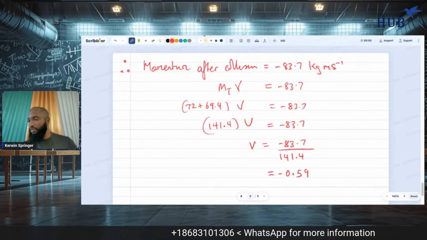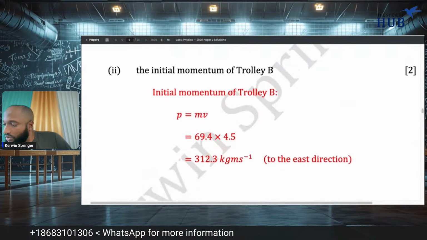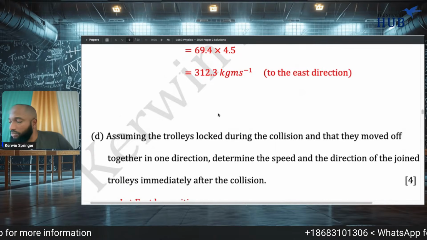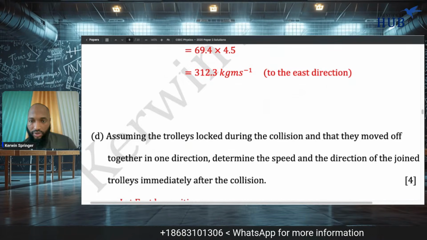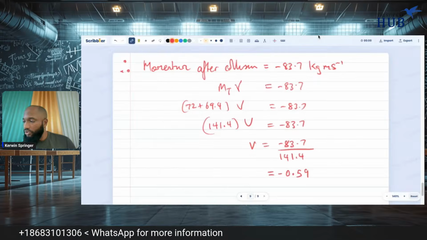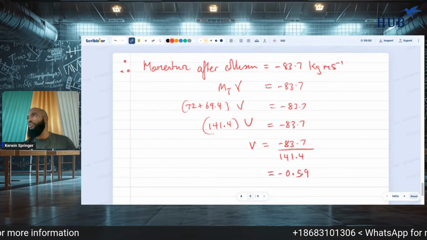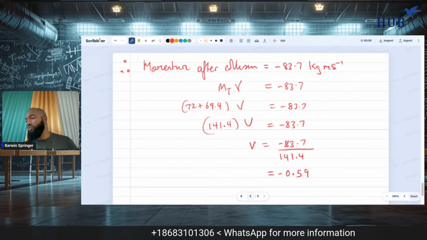Now let's go check the question. Maybe they wanted it to some specific significance. They didn't say anything about that. Okay, so let's say negative. Right, people explaining in the chat. Great. So negative 0.59 is what you all got. 0.59 what? 0.592.